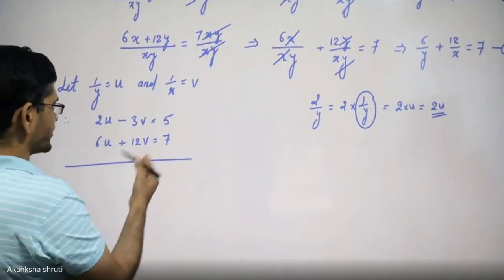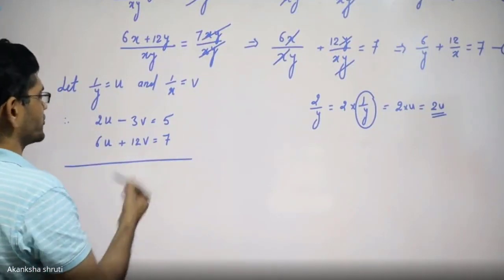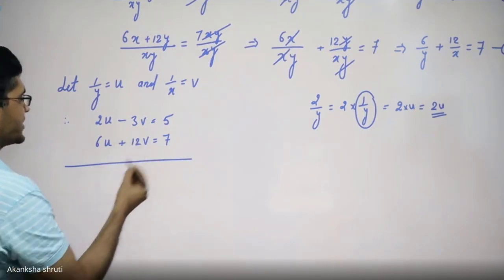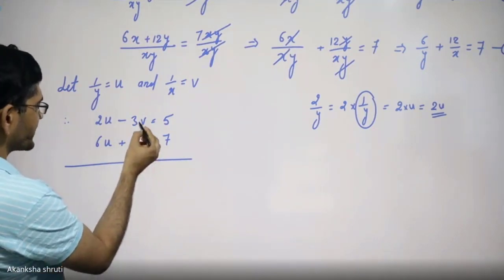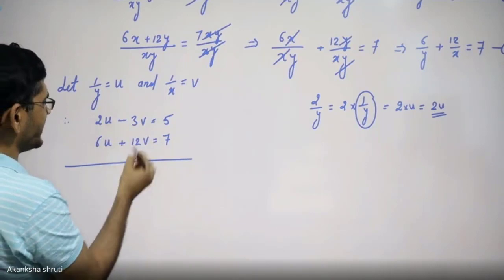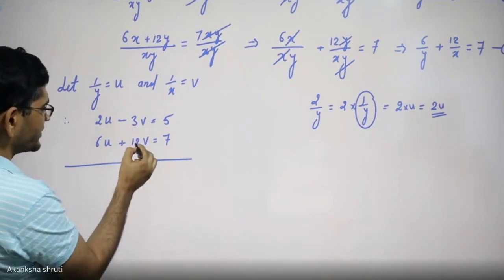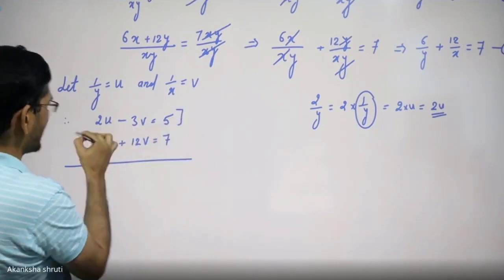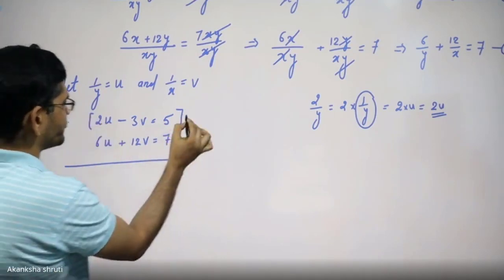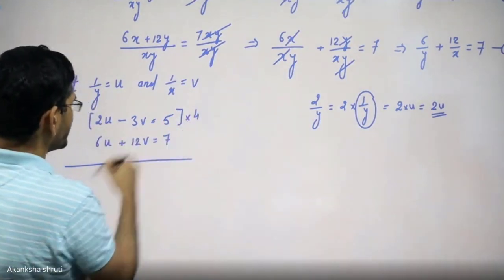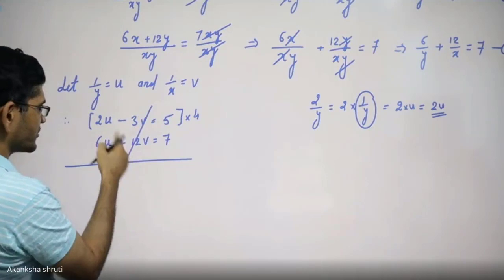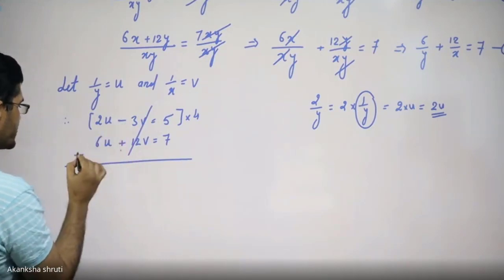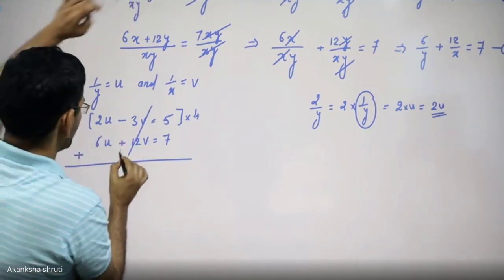You may apply the cross multiplication or you may apply the elimination by equating coefficients. Here let me first eliminate this v. It is 3, it is 12. So just multiplying this first equation by 4, it becomes 12. Also their signs are opposite, so we need to add it. No need of subtraction.